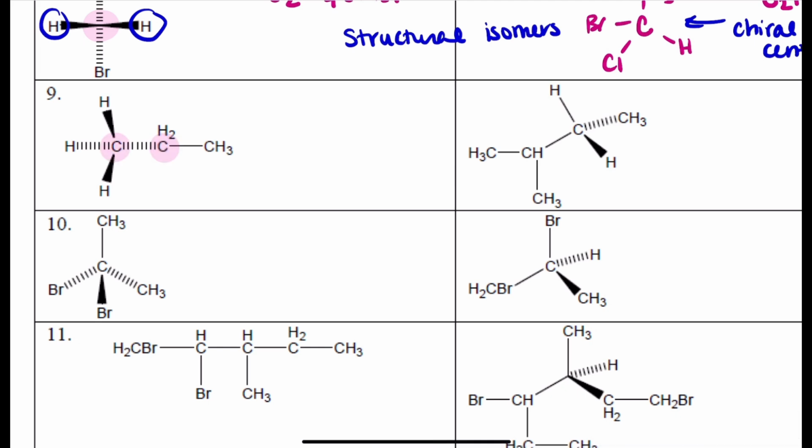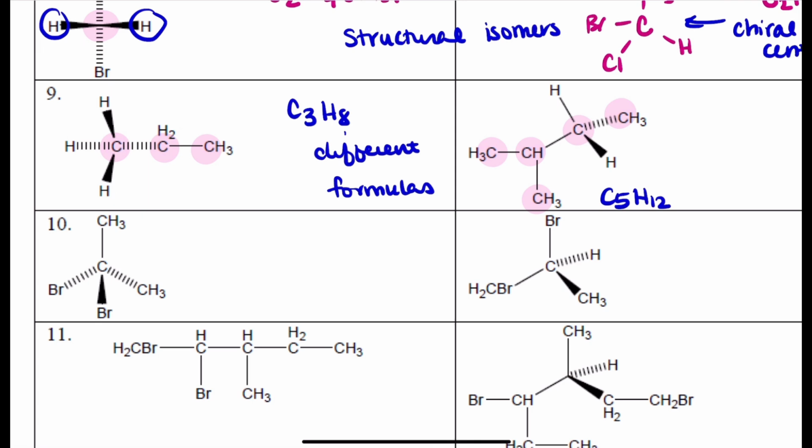Next one. I see my carbons. Let's figure out the actual formula here. I have 5 carbons here. I only have 3 over here. So C3H8 versus C5H12. They look similar, but when I add them up, they have completely different formulas.